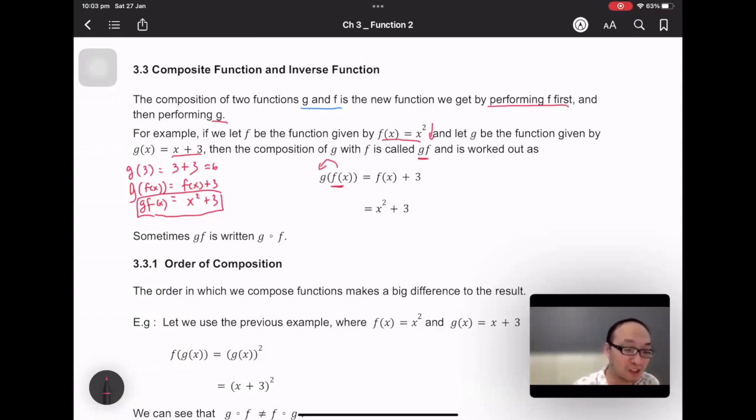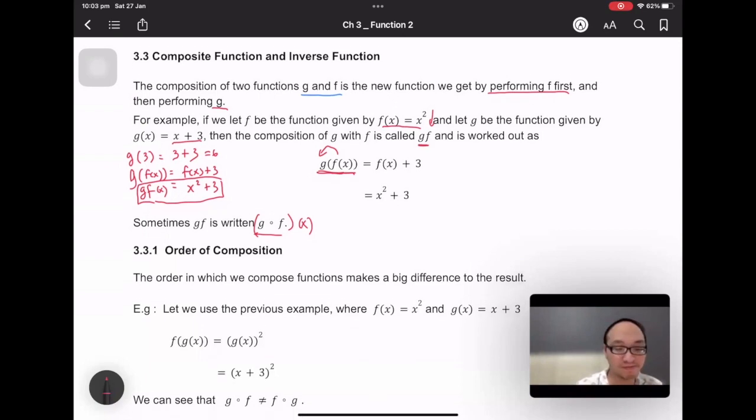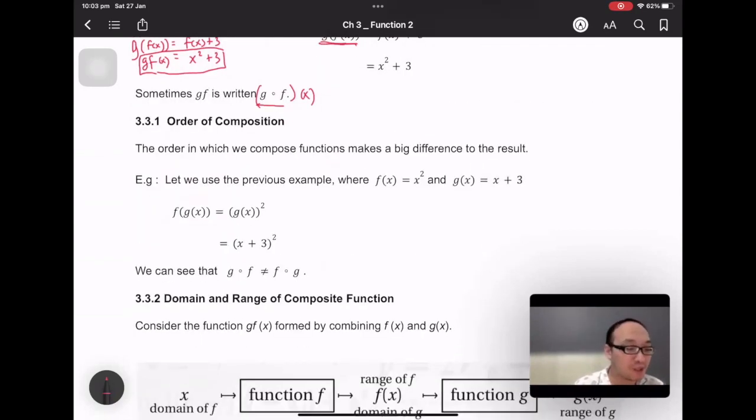Sometimes we write the composite function in this notation. Sometimes we just put a dot there with x over there. Now let's check f of g, f following g, f of g(x). So f of g(x) means we start working from g and then input g into f.